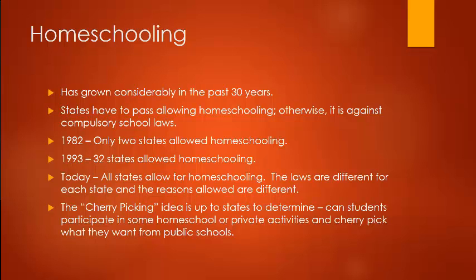So that a child in homeschool whose parents are teaching them, say their parents are not experts in a foreign language and want the child to have foreign language, they could send the child to a public school just for 1 or 2 hours to take a foreign language and then send the child back home. Again, that is up to individual states as to how they do that. And I believe that Oklahoma has laws that allow that to happen.